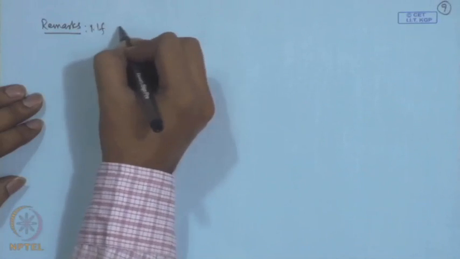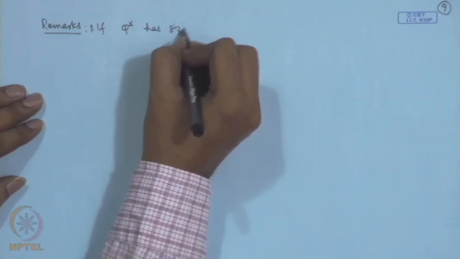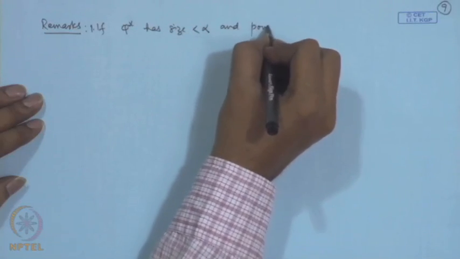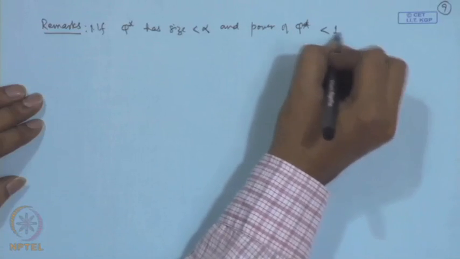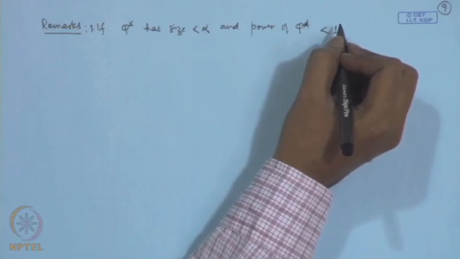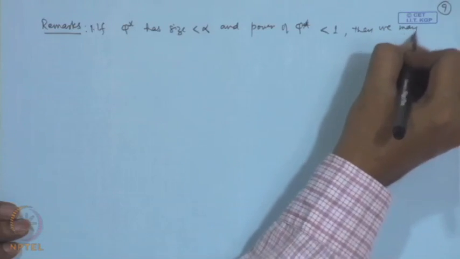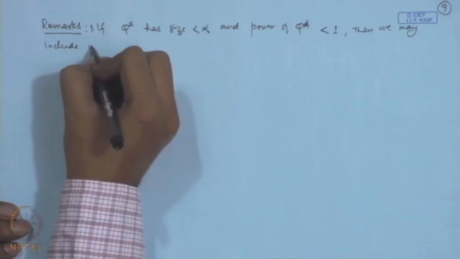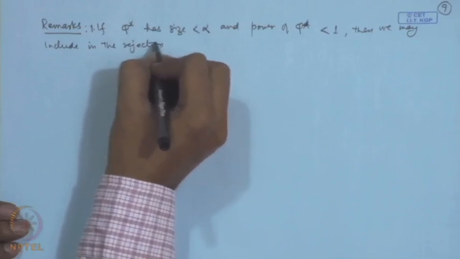If phi star has size less than alpha and power of phi star is less than 1, then we may include additional points, or you can say additional space or additional set, in the rejection region.